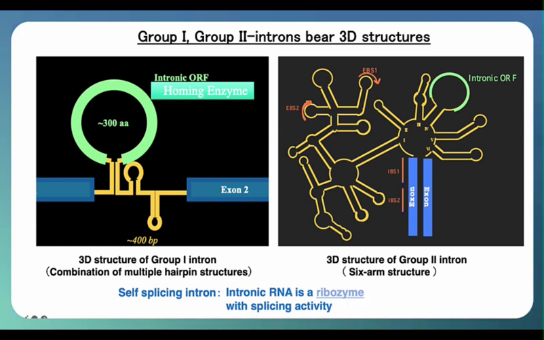Correctly folded introns act as ribozymes, capable of self-splicing and joining the remaining exon parts. In contrast, introns excised by spliceosomes do not possess this activity. These characteristics make Group I and Group II introns significantly different from the nuclear introns in eukaryotes that are excised by spliceosomes.